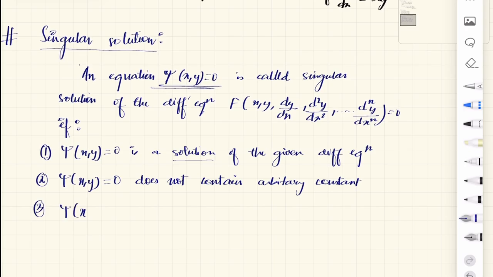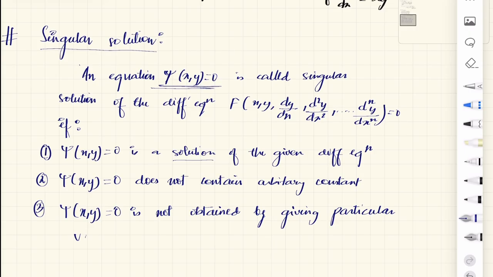And the next criterion: the given equation is not obtained by giving particular values to the arbitrary constant. Okay, this one is very important. You need to see these things properly in the general solution.